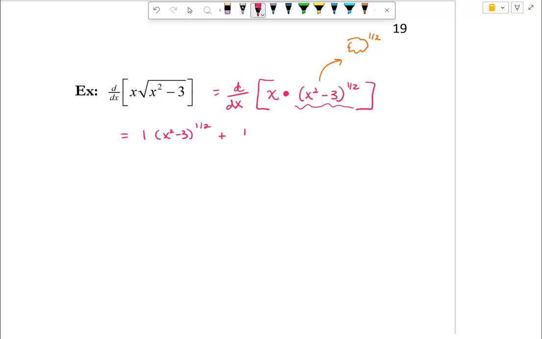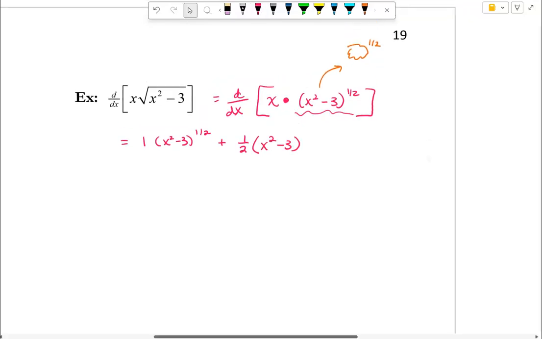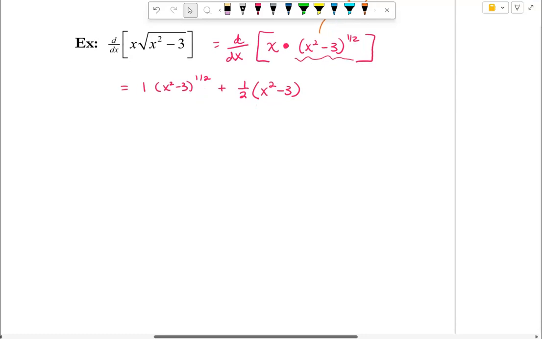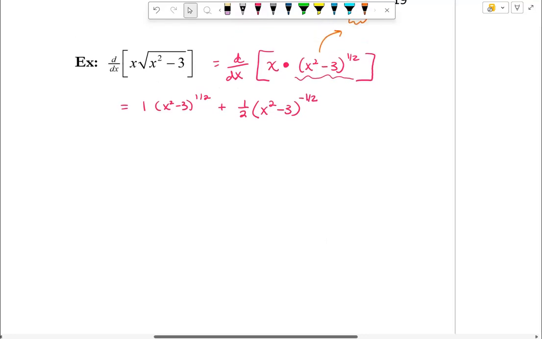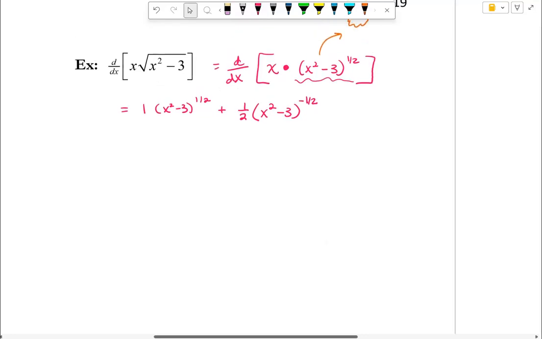So I'm going to pull out my exponent and multiply with the coefficient of 1 out front. I'm going to keep the junk, the inside function. I'm going to subtract 1 from my exponent. So 1/2 minus 1 gives me the power of negative 1/2. And then it's really important that I don't forget now to multiply by 2x, because 2x is the derivative of x squared minus 3.